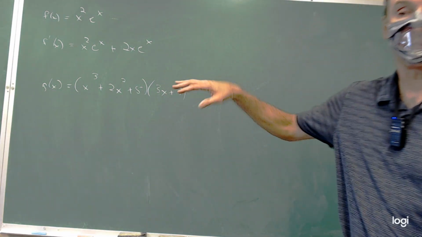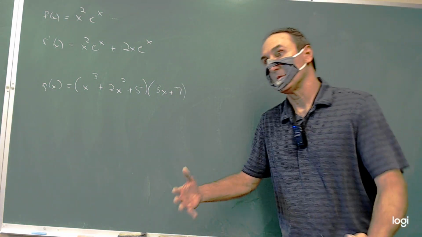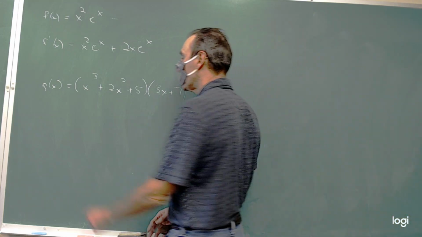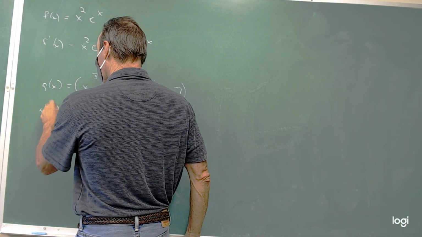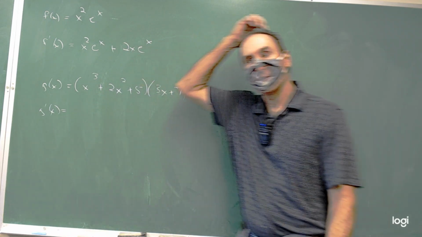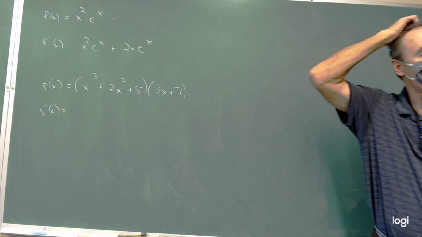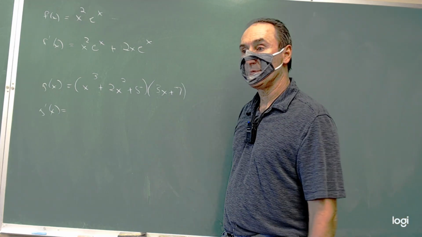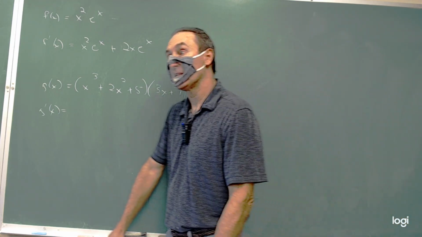We could just multiply this stuff out, not that that would be very fun, and then take the derivative there. But we're going to do it using the product rule. In this case, I'm not even going to simplify it. It's just the product rule that I'm trying to reinforce here. It's the calculus part, not the algebra. Not that algebra couldn't stand a little extra work.